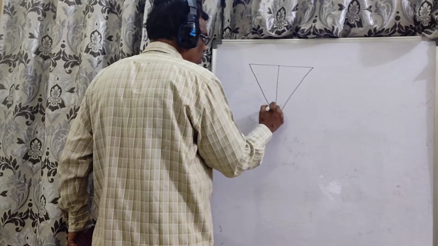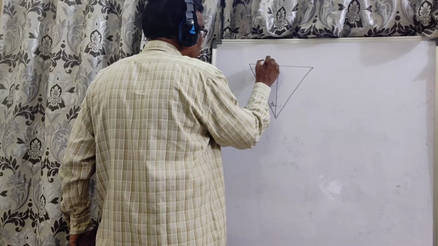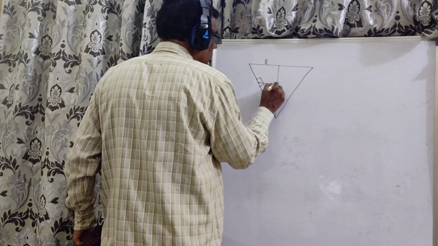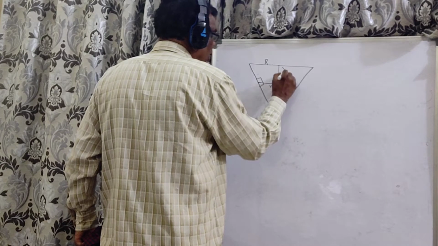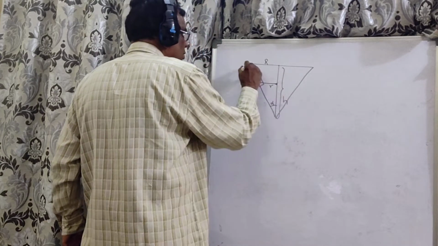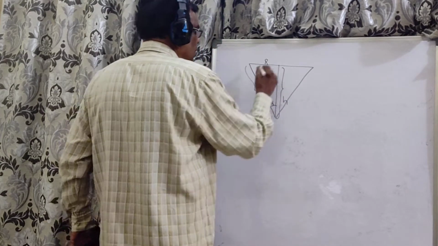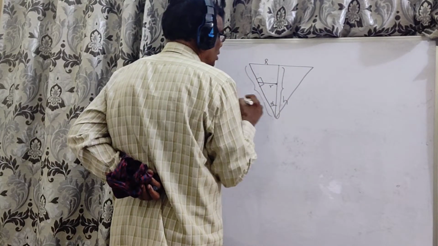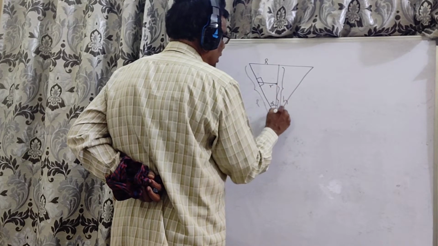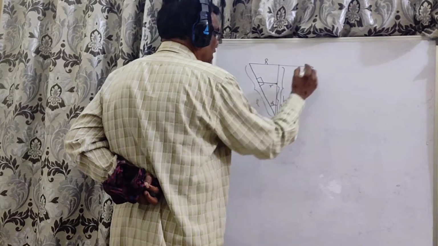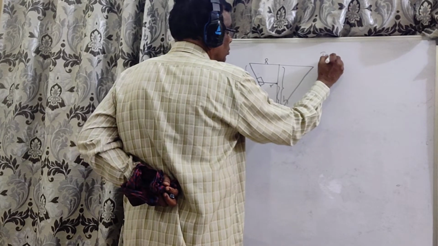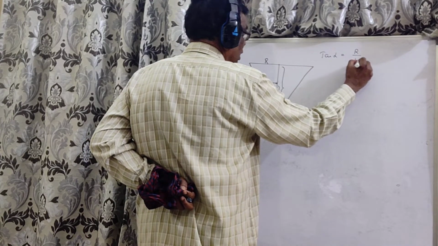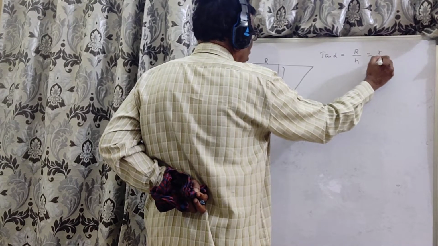with a semi-vertex angle alpha, this is R, this is the body, this is small r, this is H, L. The standard things you know very well. If I take it at a distance y, tan alpha is R by H or small r by y.